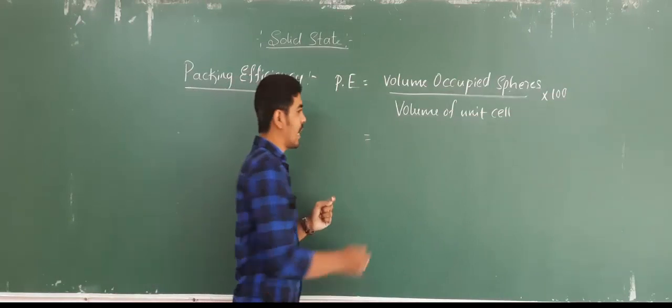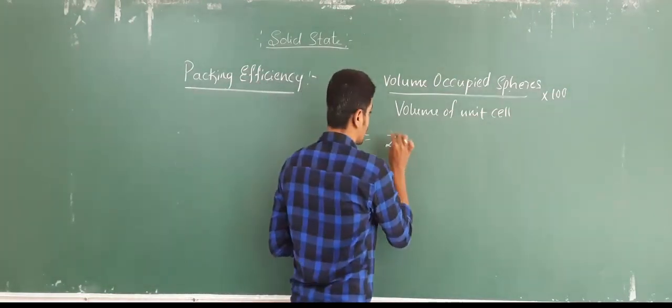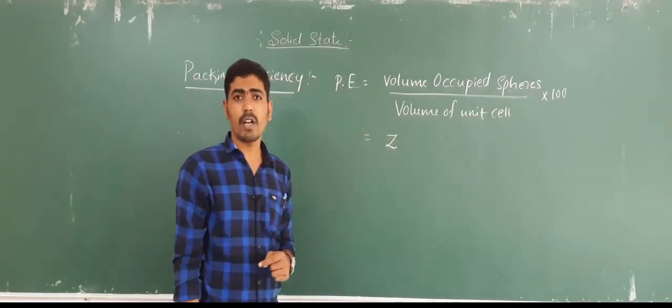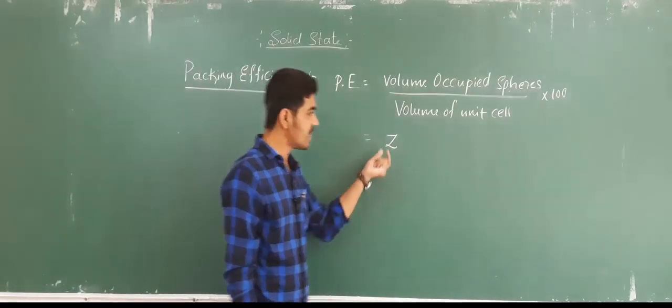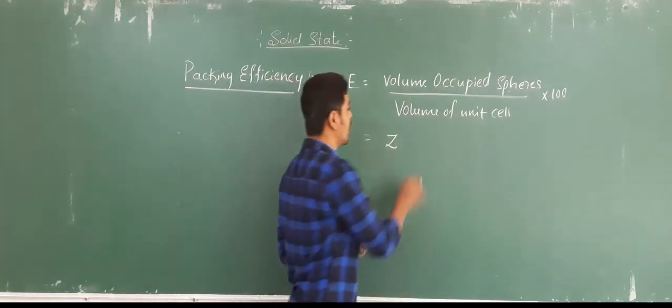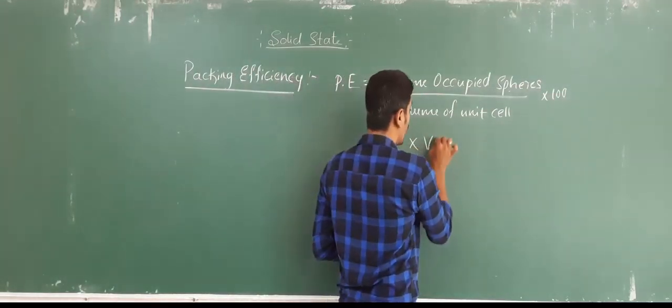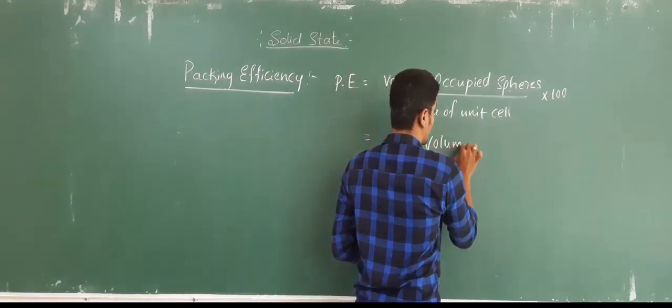So that can be calculated by Z, that is number of particles, into volume of those particles.